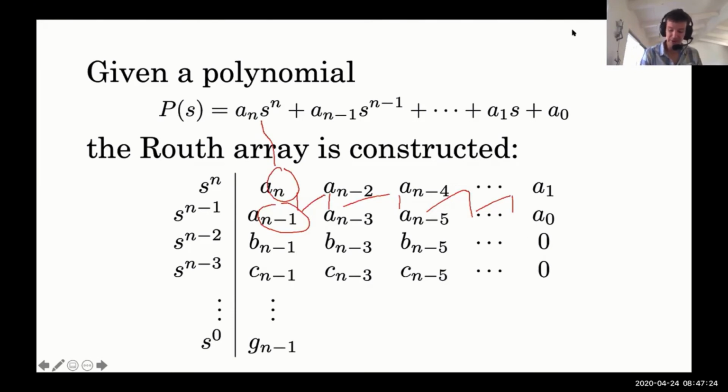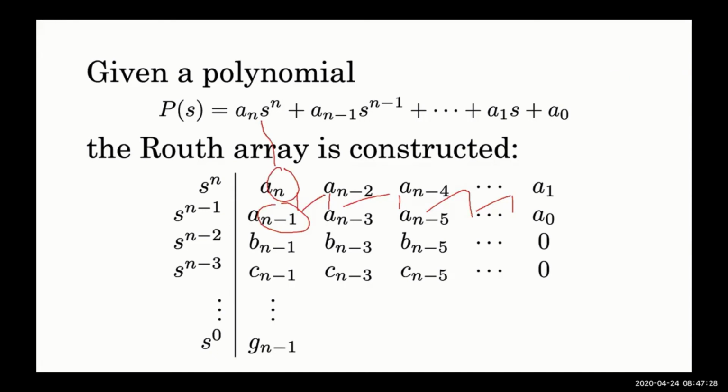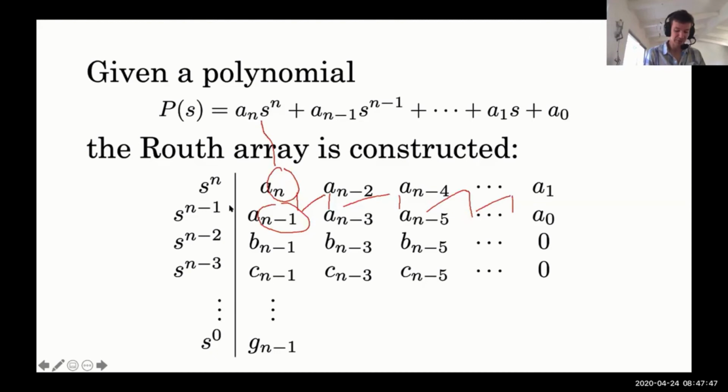Sajad, question? Yeah, you said that the number of rows equals the number of coefficients, does that mean if the coefficient for s to the n minus 3 was 0, you wouldn't put it in there? No, that was an oversimplification on my part. The true statement is, for an nth order polynomial, you will have n plus 1 rows, regardless of the exact value of the coefficients.